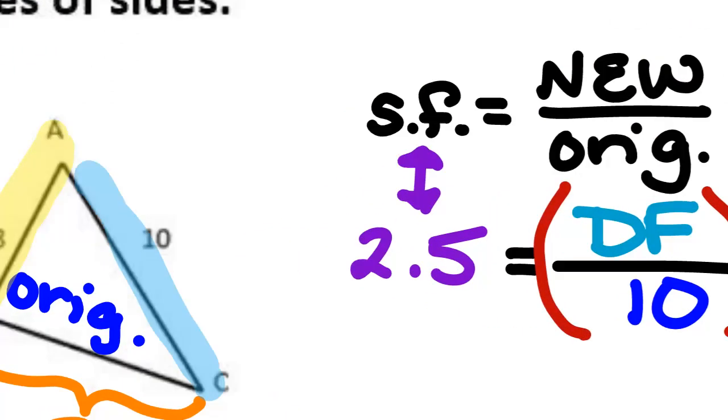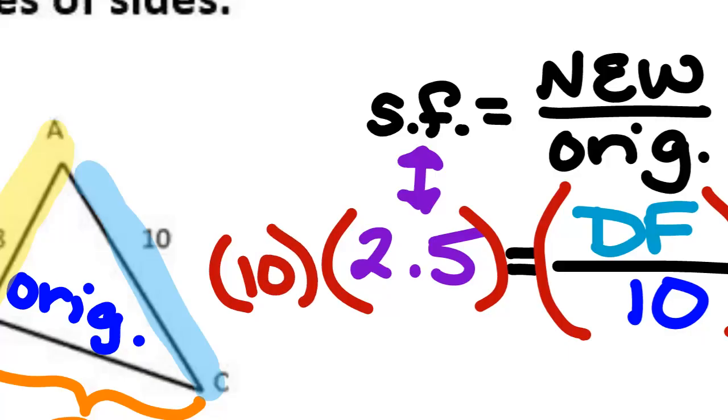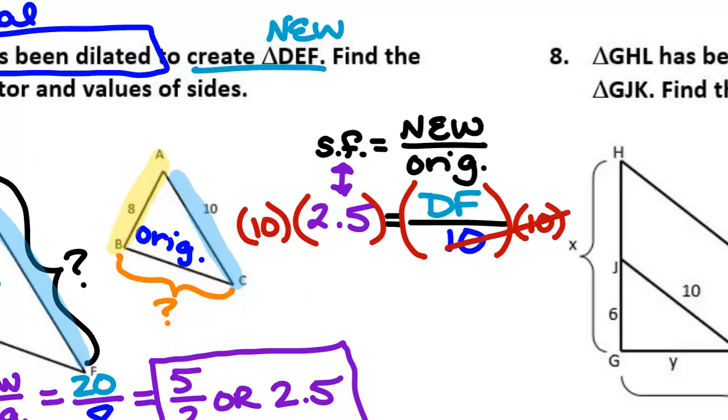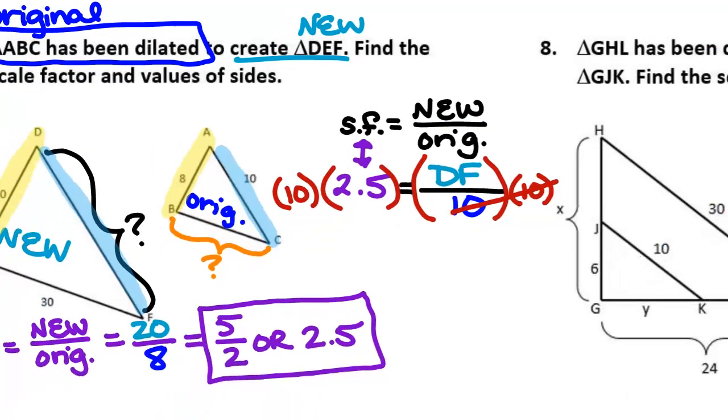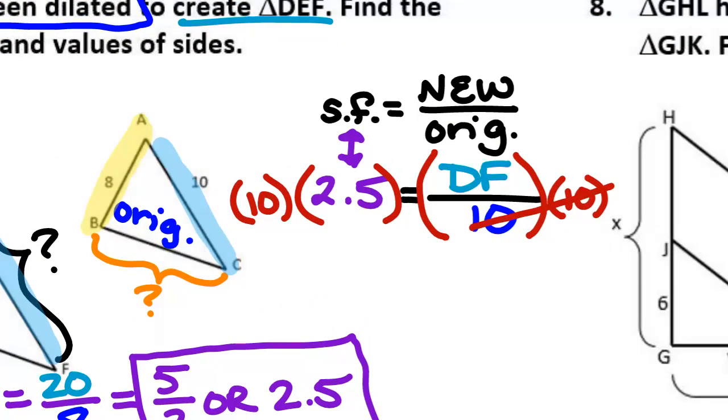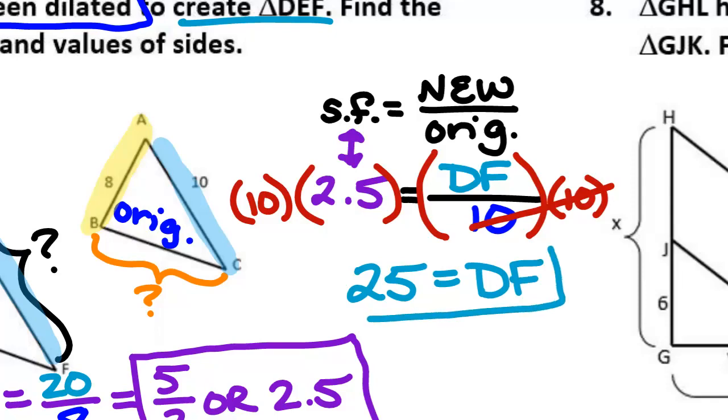And if you do it to one side, have to do it to the other side. So the 10s cancel out over on the right. The denominator goes away. And we have 10 times 2.5, which is 25. So 25 is equal to DF.